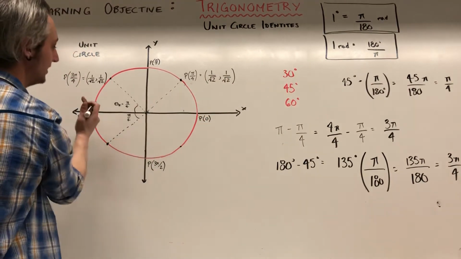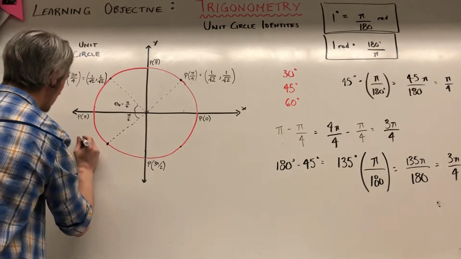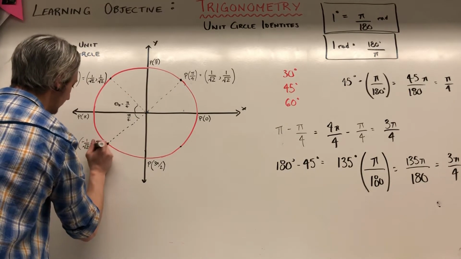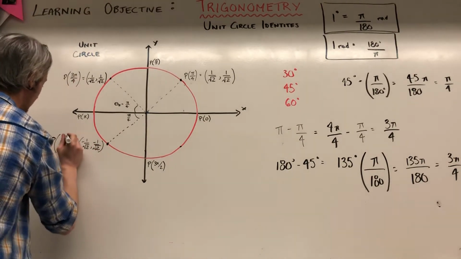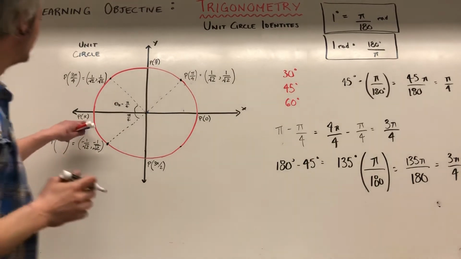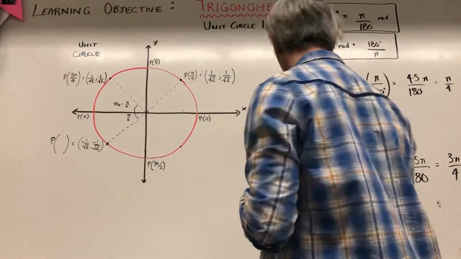Now I'm in the negative quadrant for x and the negative quadrant for y. So my coordinate here is going to be negative 1 over root 2, negative 1 over root 2 for y. And this point, I can figure out it's going to be pi plus pi over 4 to get there.